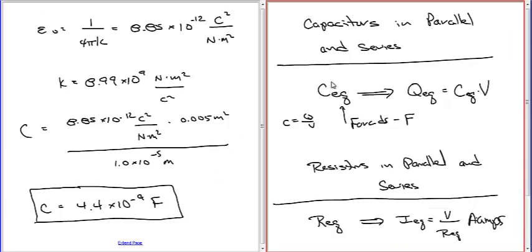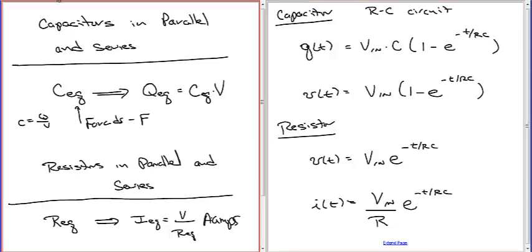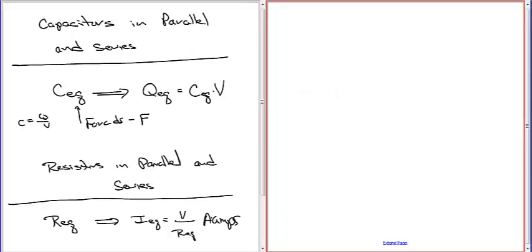Reduce capacitors in parallel and series into an equivalent capacitance. Same with that. Let's just write those down for you so you don't forget. So this is for capacitors, series and parallel.